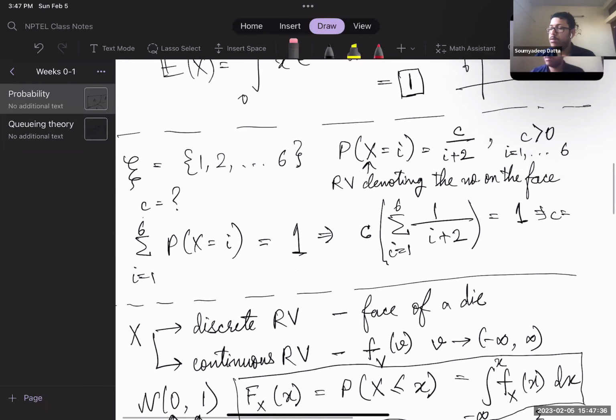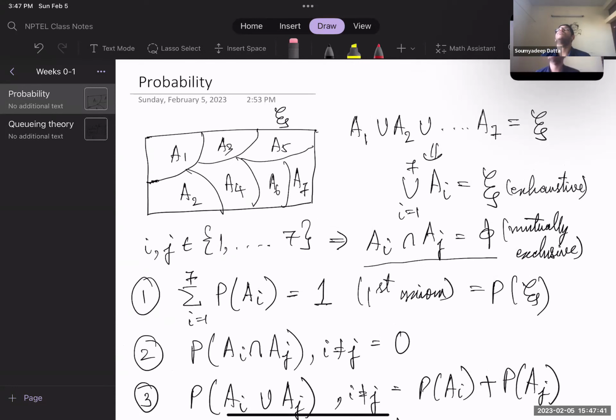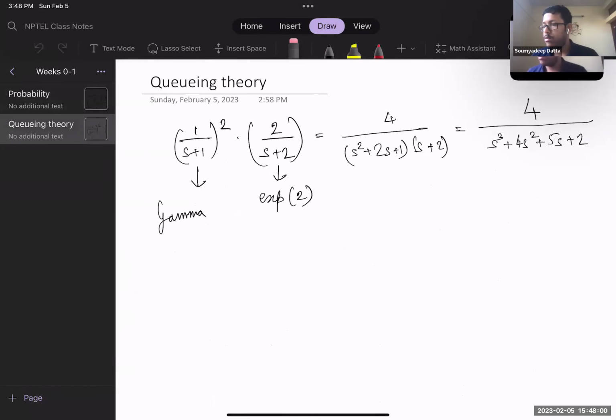So it is really good to brush up on probability. I'm pretty sure all of you have some background, but it is important that you brush up a bit before going into queuing theory. Okay, so let's go to queuing theory now.